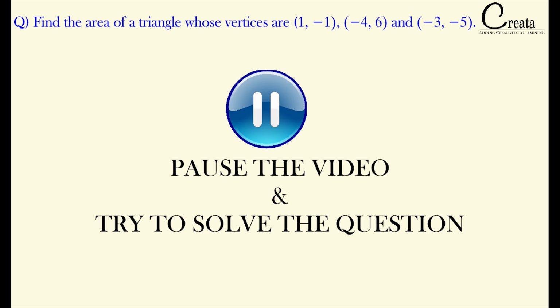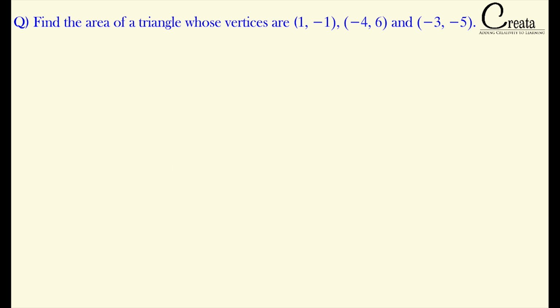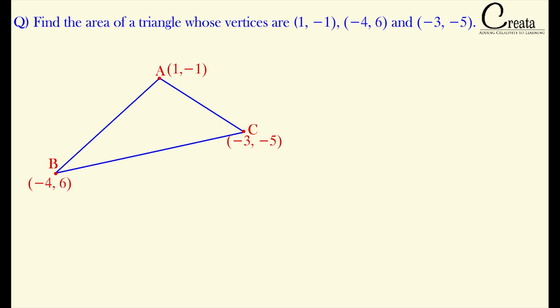Okay, very simple question. So coming back, in this question, the three vertices of a triangle are given. We can take these three vertices as (x1, y1), (x2, y2) and (x3, y3). And in this question, we have to calculate the area of this triangle.